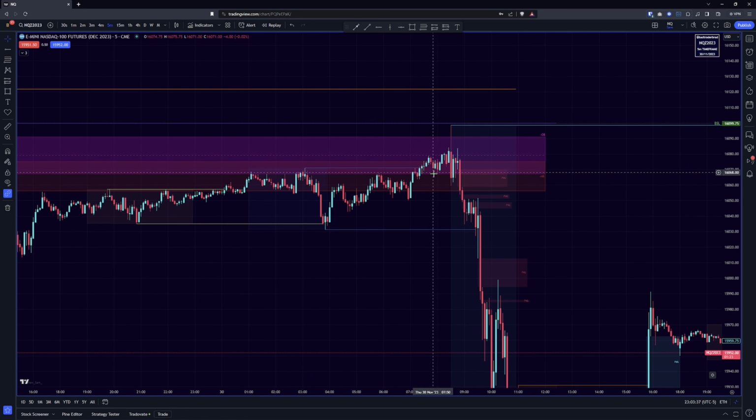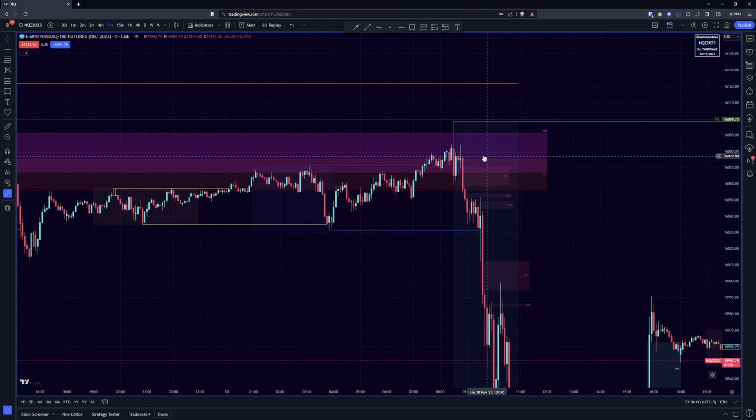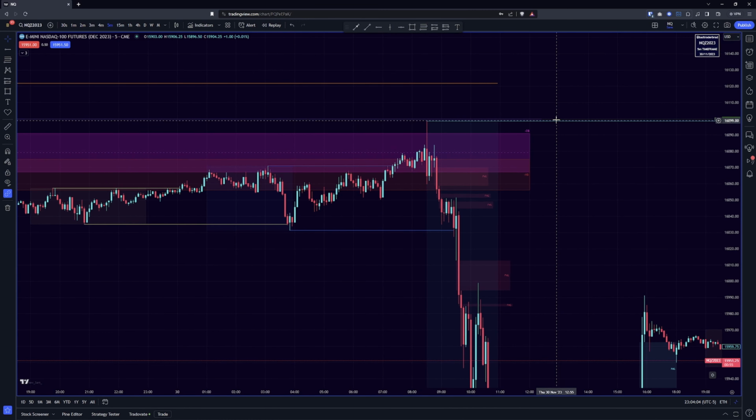I was waiting to see a change in state of delivery on the 5 minute, right? So a change in state of delivery would be some sort of liquidity tapped into or hit. Hitting this buy side target would be really good, but having the SMT divergence is good as well. It might actually be better, right? Because ES did take that high and NQ didn't.